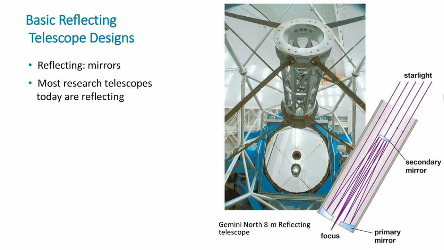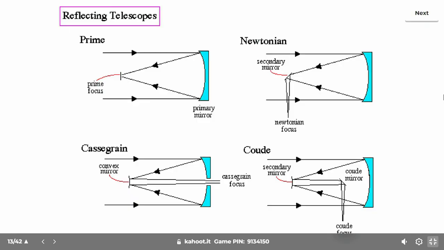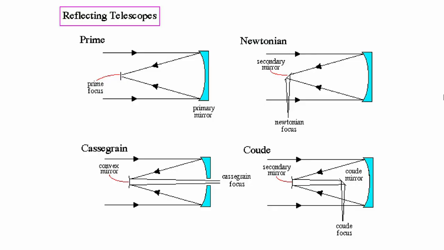And so most telescopes that are going to be designed today are going to be some type of reflecting telescope with mirrors as their objective optical component. There's a lot of different types of reflecting telescopes. Some of them are good for looking through, some of them are not.